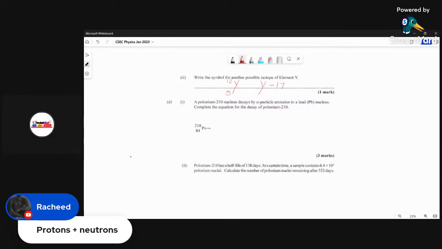We could also have Y11. This could be Y12. Or it could be Y13. So let me put 13. 13 is 5 here, and 5 plus what is 13? 8 up here.